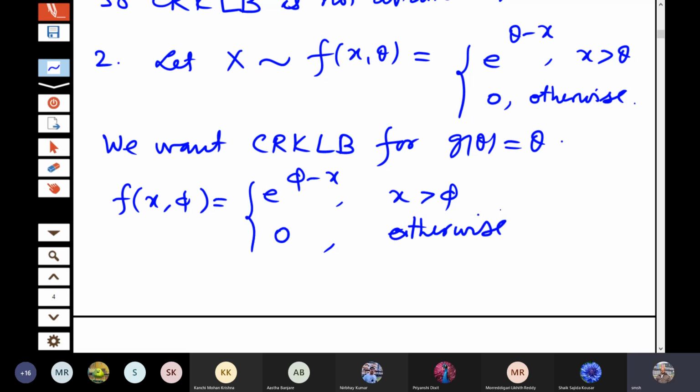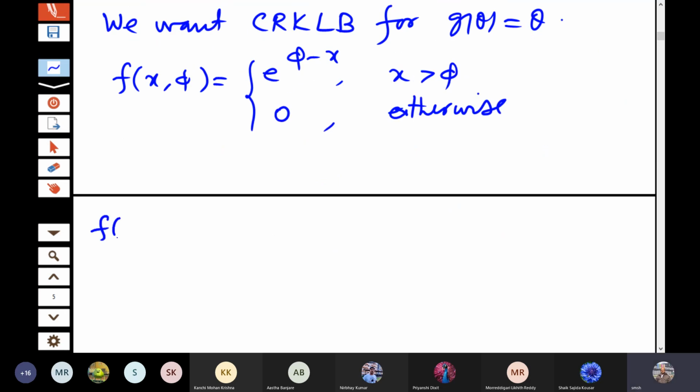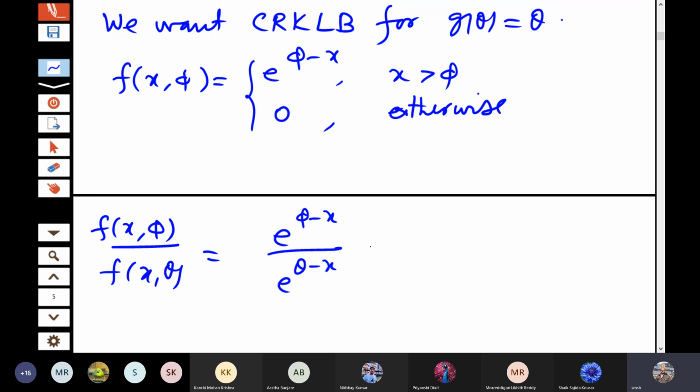In the numerator, we have fx phi. Therefore, I have to consider the region which is smaller in the numerator. So fx phi over fx theta is equal to e to the power phi minus x divided by e to the power theta minus x.